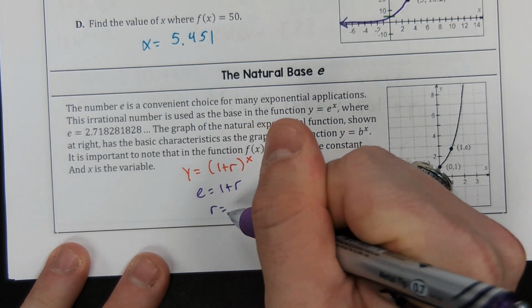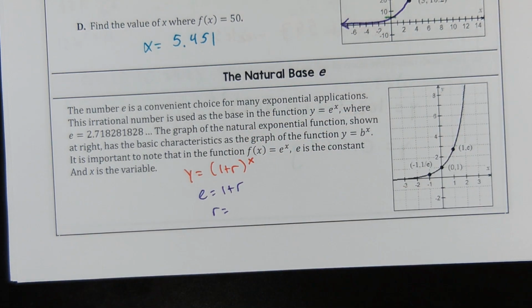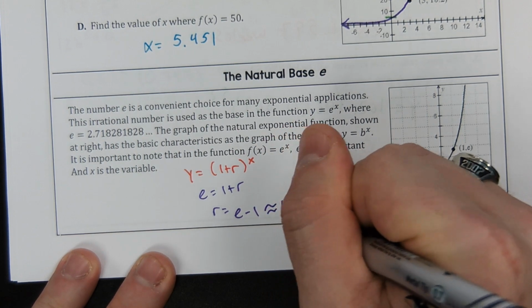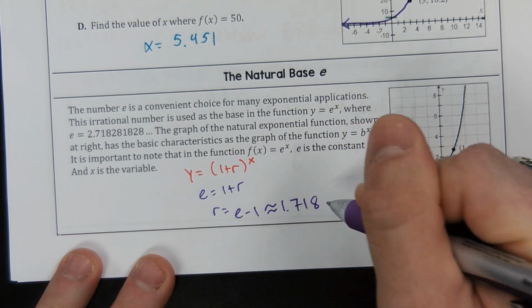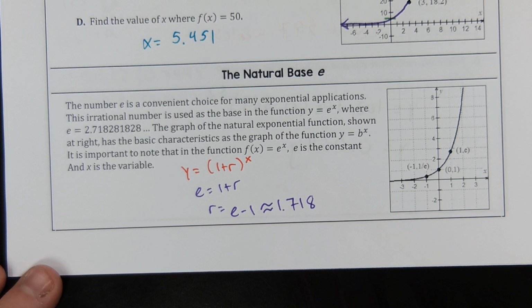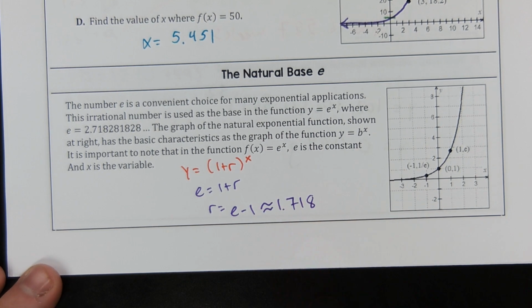So r, my growth rate, is e minus 1, which is about 1.718-ish. So if someone asked you what the growth rate of e to the x was, you could say it's about 172%.